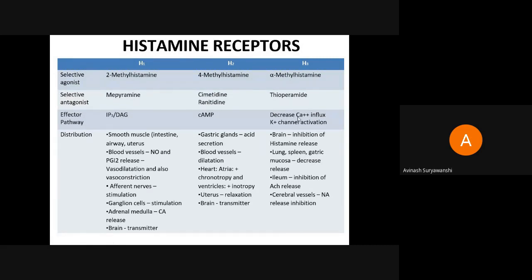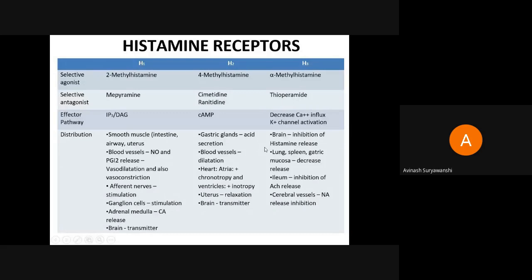They are mostly present at the post ganglionic part. Wherever the H3 receptors are present, they inhibit the release of histamine. They are called post ganglionic receptors, and they decrease the release of histamine at that particular position.